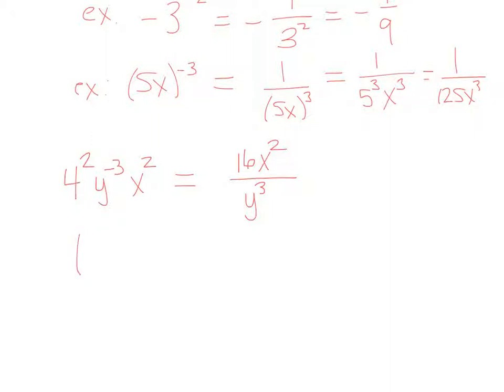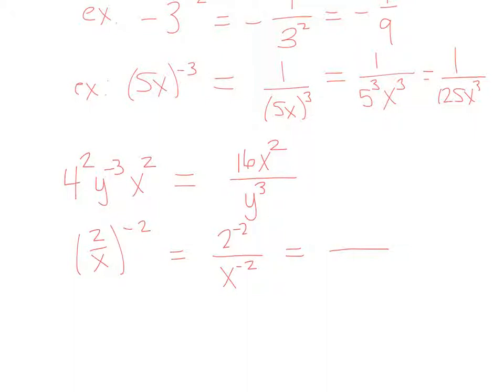Let's look at this one. The expression 2 over x, that whole thing has an exponent of negative 2. Okay, we can distribute that negative 2 to be an exponent on the 2 and an exponent on the x. So we've got a 2 in the numerator that's got a negative exponent.